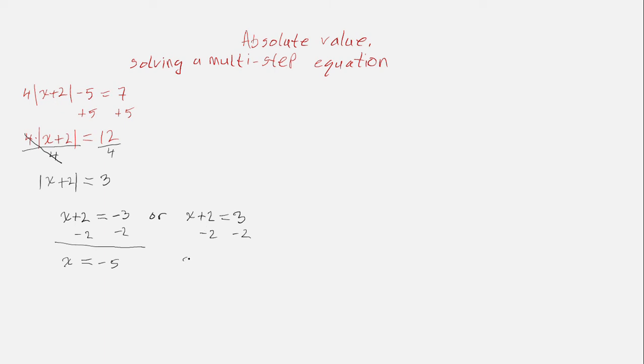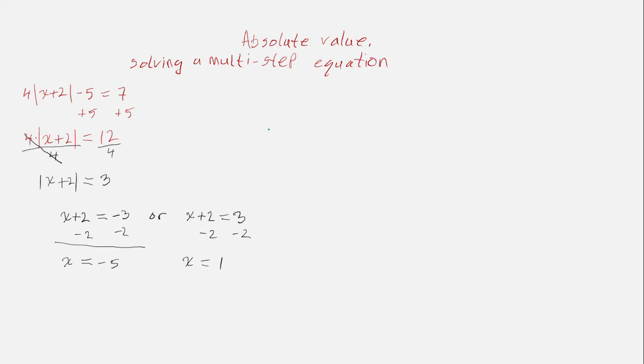And in this case, x is going to be equal to 1. Now again, we cannot just say, okay, these are the answers, or we shouldn't. What we actually need to do is go ahead and check whether these answers work or not.